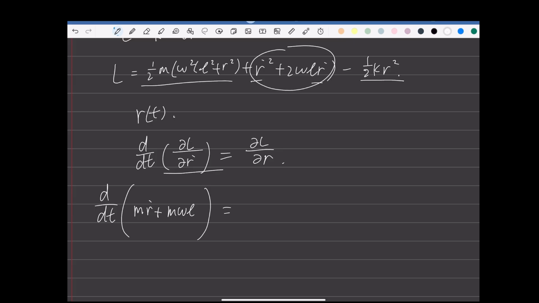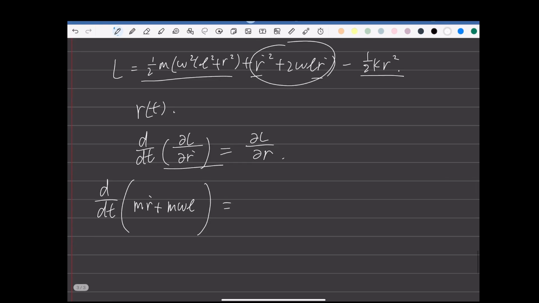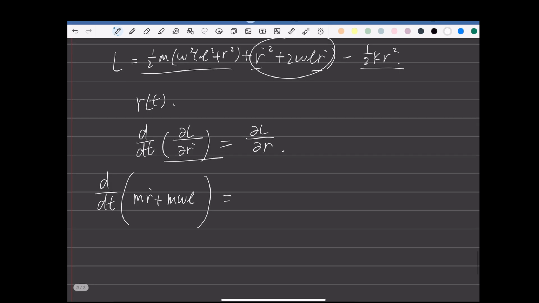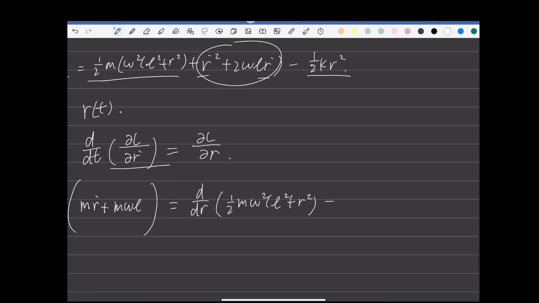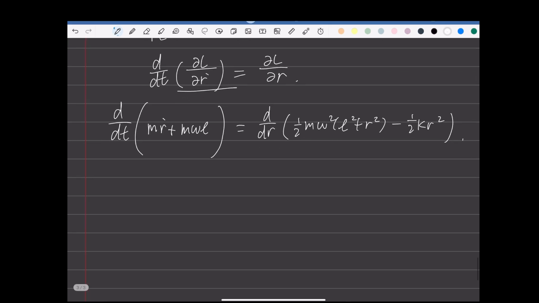And these two terms we can ignore. So then the left side becomes m r double dot, and since this term is a constant, it's basically 0.